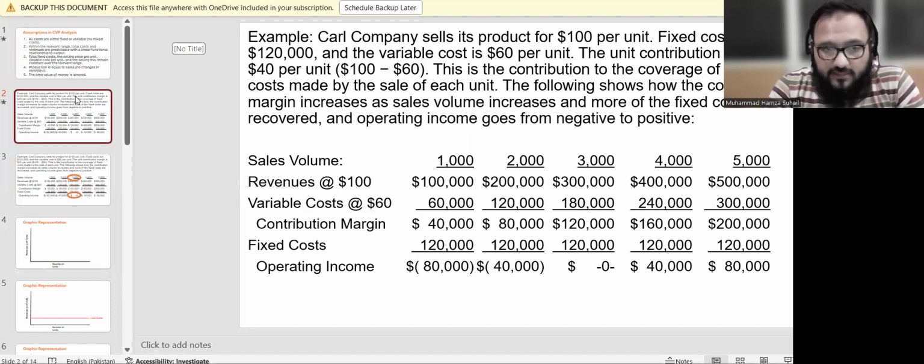The following example shows how the contribution margin increases as sales volume increases and more of the fixed costs are recovered, and operating income goes from negative to positive.